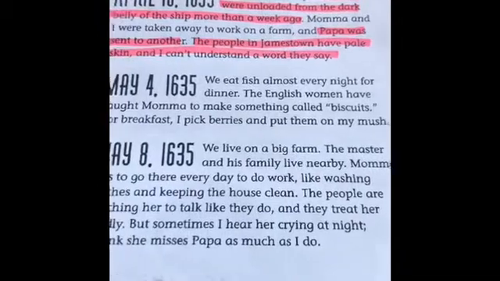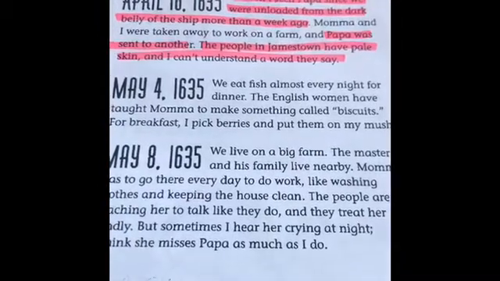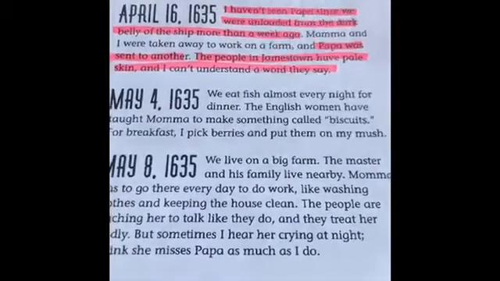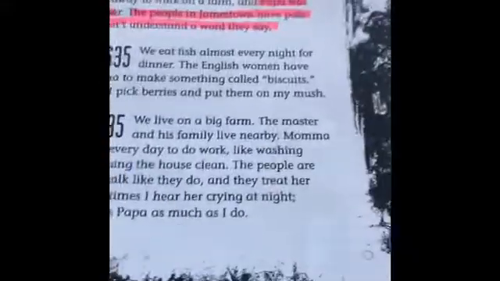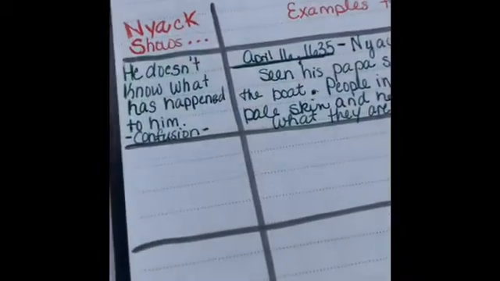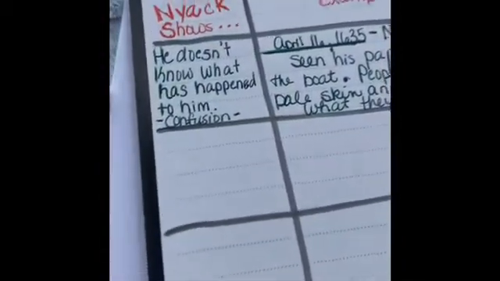But he also talks about how the people in Jamestown have pale skin and he can't understand what they're saying. So to me, that shows that Nyack is confused. He doesn't understand what is happening to him or why it's happening.